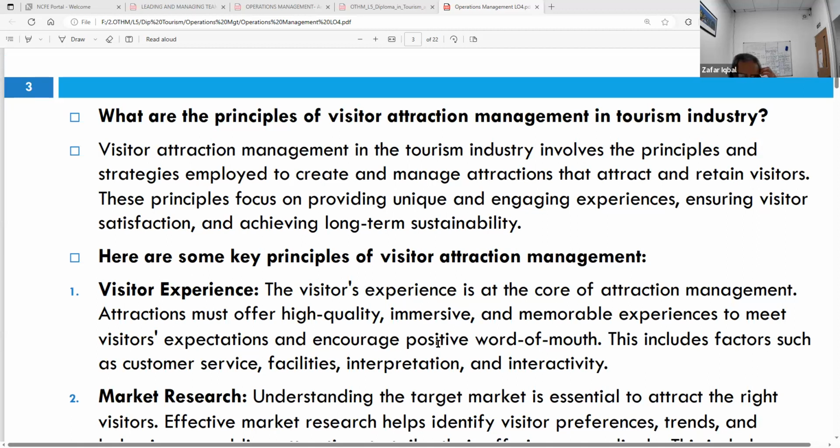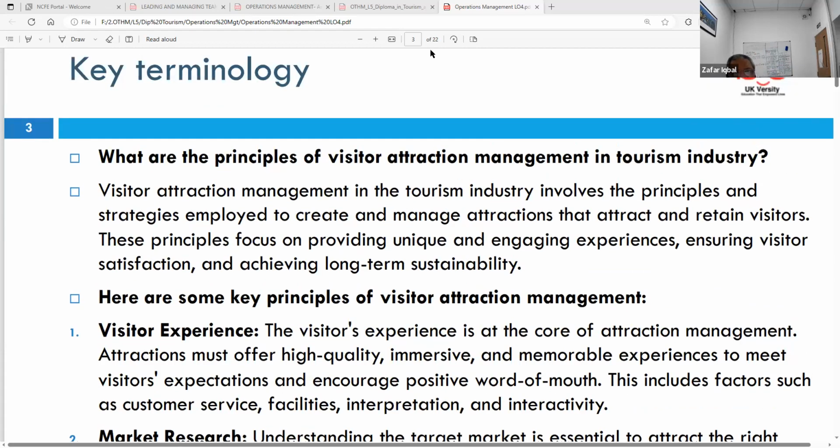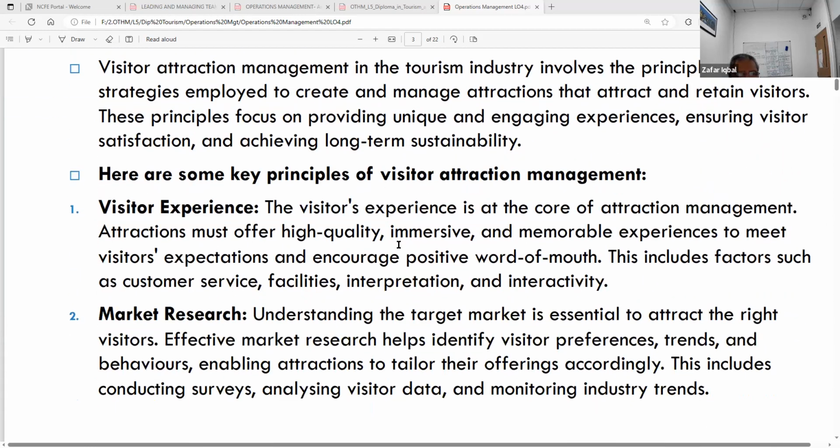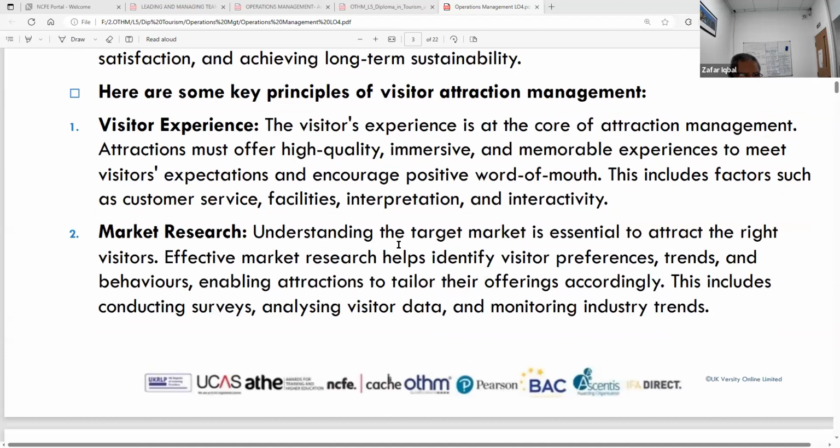So visitor experience is very important: the word of mouth, the feedback, the customer service, and the facilities.